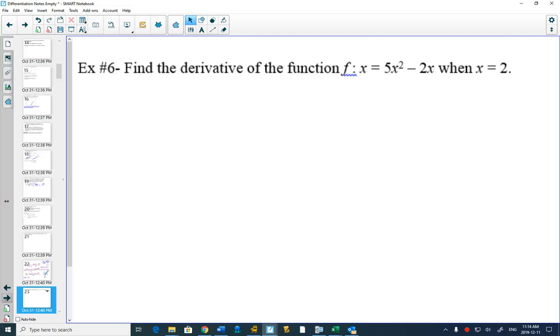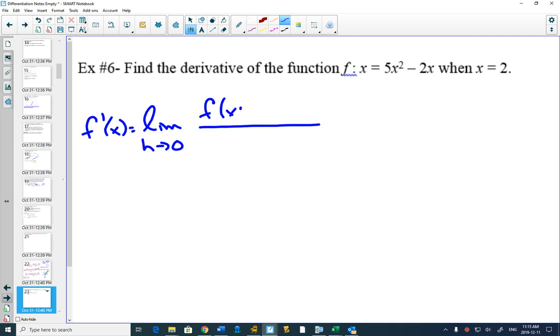So how do we do these derivative questions? We start off with our definition of our derivative, that f prime of x is equal to the limit as h goes to 0 of our slope, f of x plus h minus f of x over h, and plug things in.